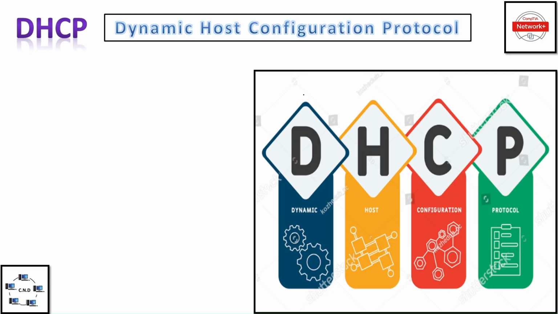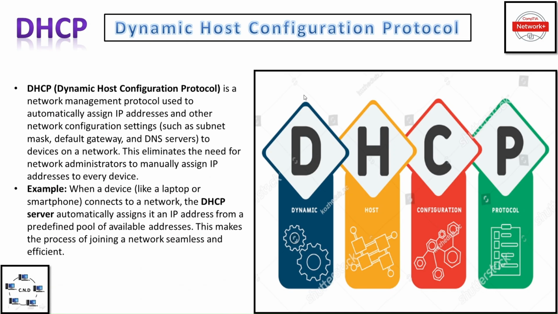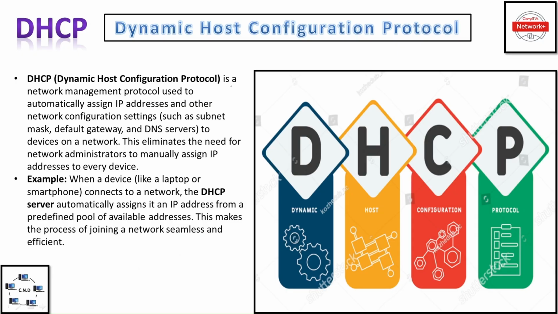DHCP, Dynamic Host Configuration Protocol. DHCP is a network management protocol used to automatically assign IP addresses and other network configuration settings, such as subnet, default gateway, and DNS server, to devices on a network.